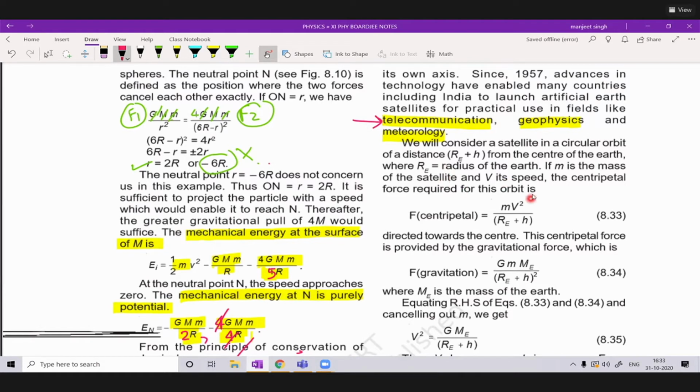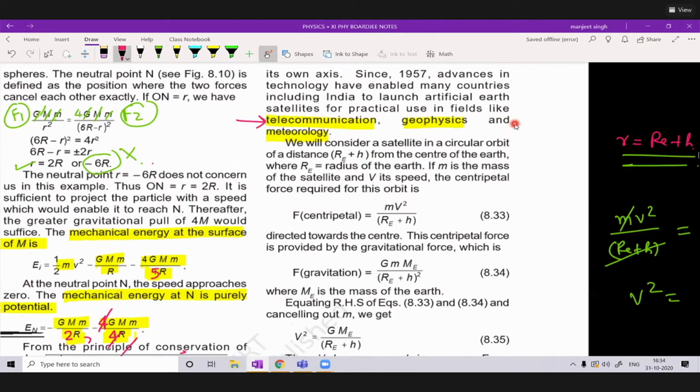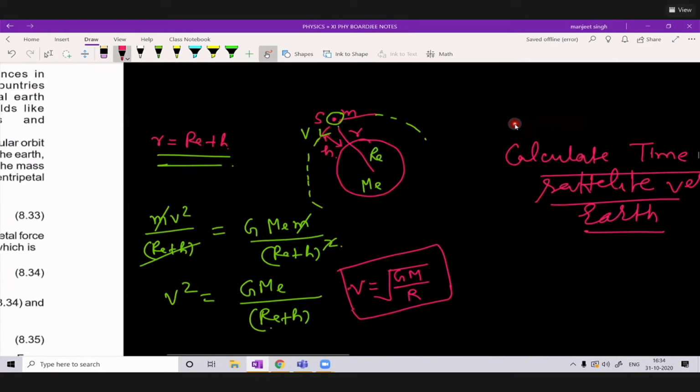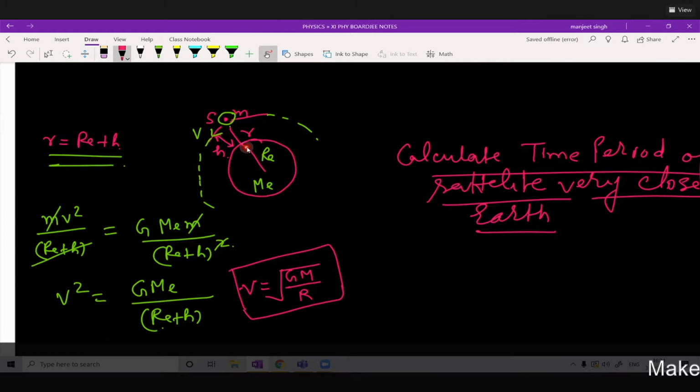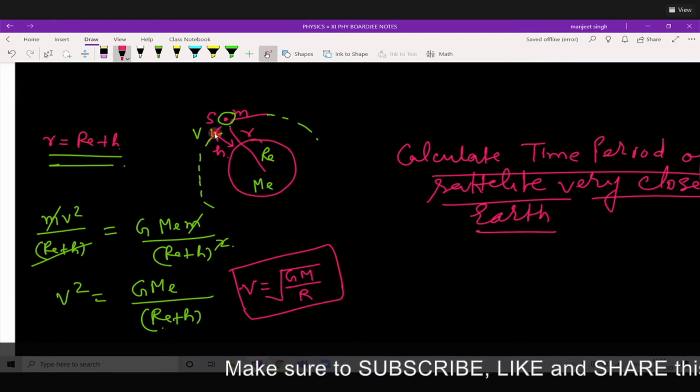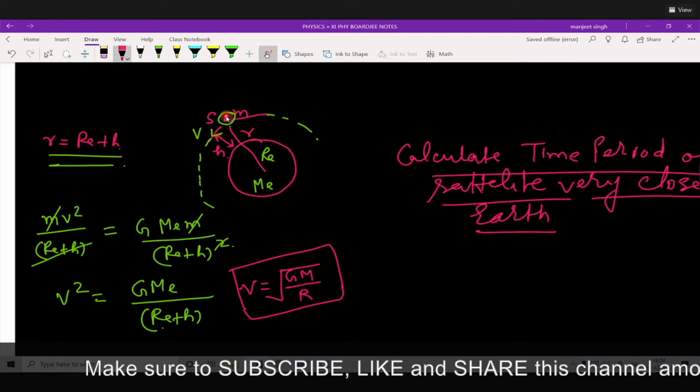Now let us do a little research about satellites. Consider a satellite in a circular orbit at a distance RE plus h from the center of Earth. Here I have made a figure. This is the Earth and this is the radius of the Earth RE, and at height h above the surface, meaning RE plus h from the center, the satellite of mass m is there.